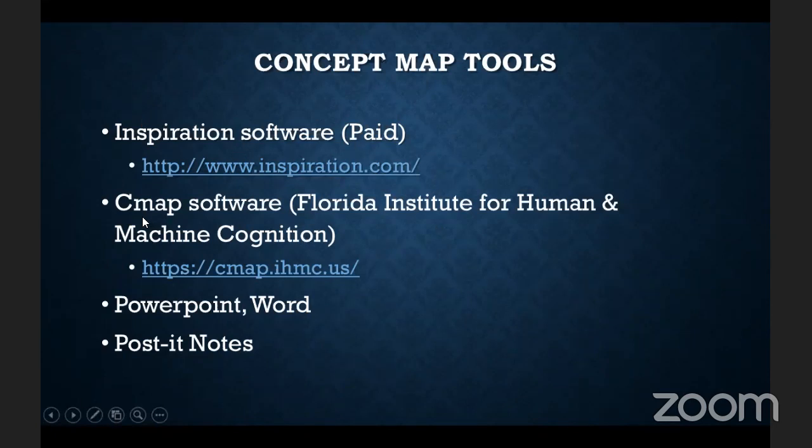And then this is CMAP software, which is developed by the Florida Institute for Human and Machine Cognition. This tool is free to all. You can just download it from their website and use it anywhere. It is a very dedicated tool for concept mapping.